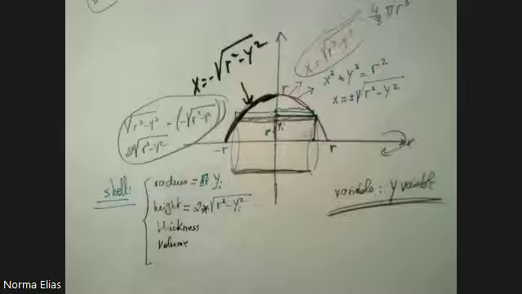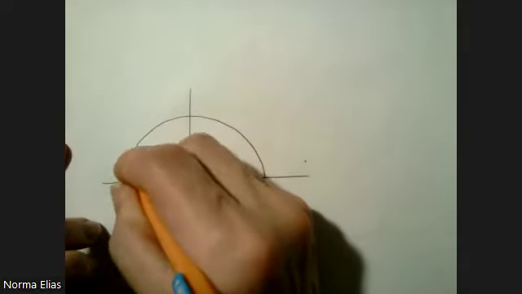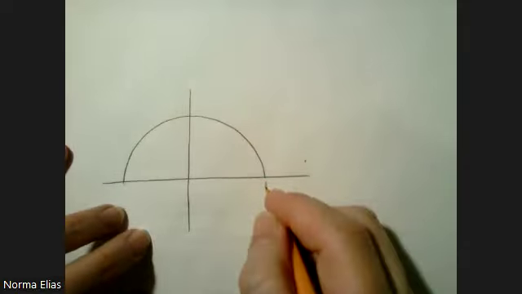Anybody has questions besides Rocco, who always asks good questions? Can you explain the radius again? Okay, let me move this a little bit. Suppose here I have a circle, and let us say the radius is 4.